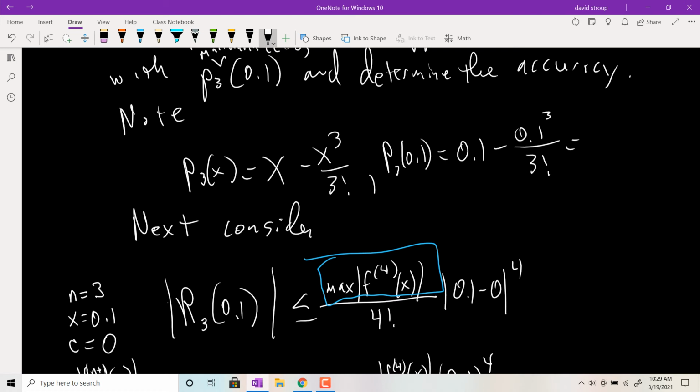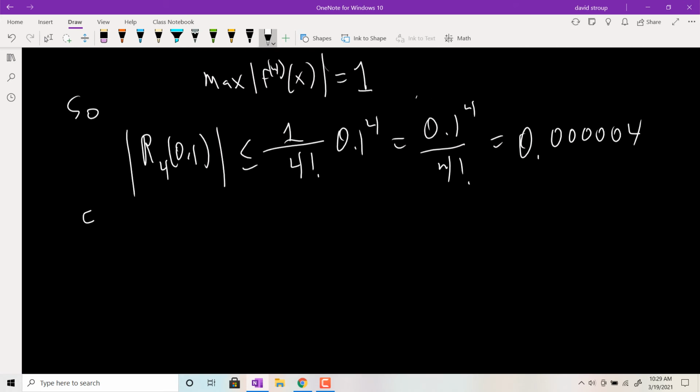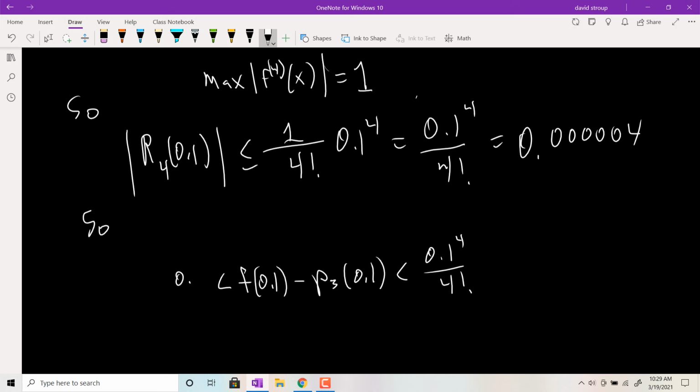So that's what, 0.099833-ish. So we have the difference between f of 0.1 and p sub 3 of 0.1 being in between, this 0.1 to the fourth all over 4 factorial. So less than or equal to that.